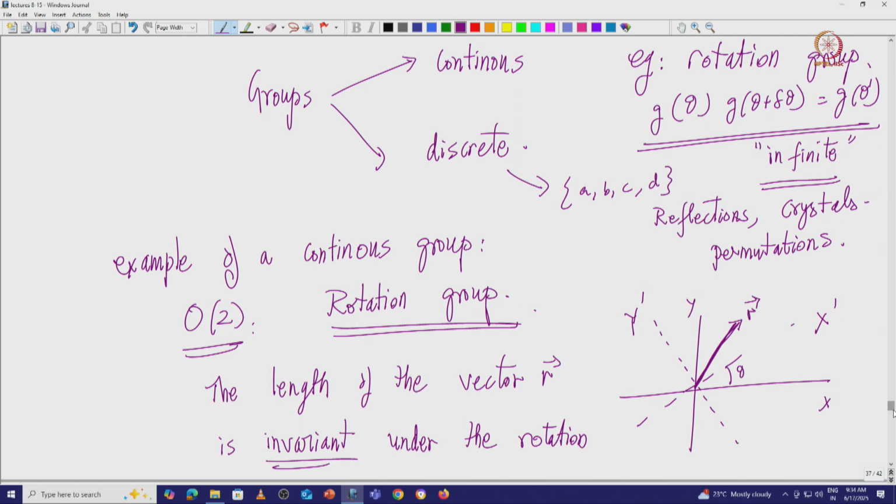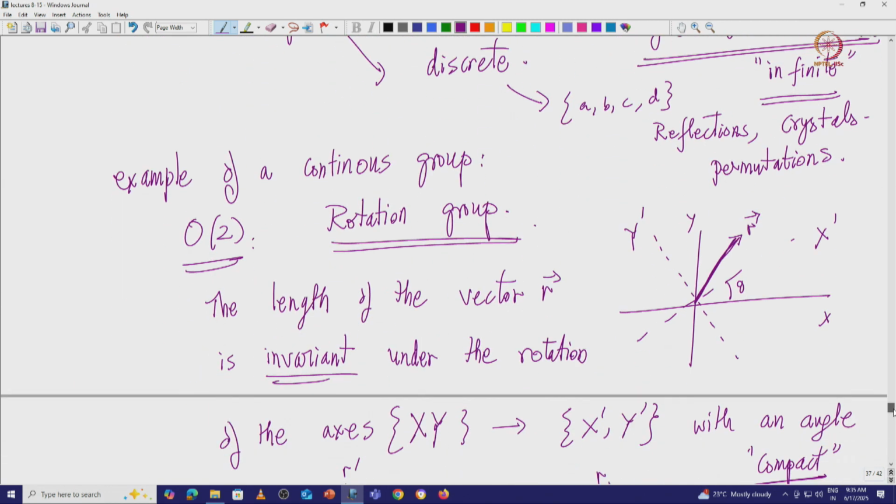Say, for example, g of theta and g of delta theta is equivalent to g of theta prime, where theta prime is nothing but theta plus delta theta.